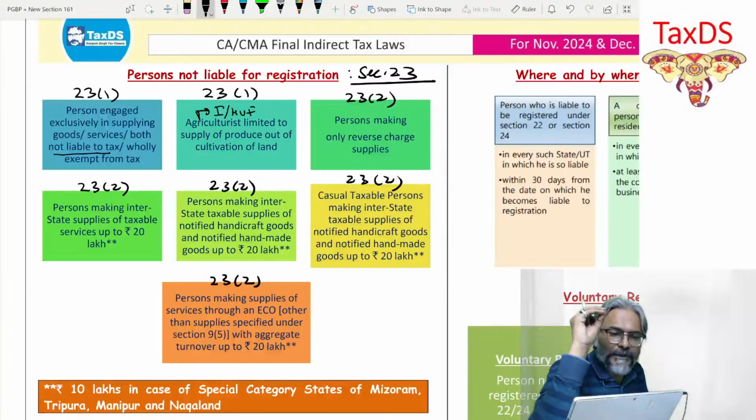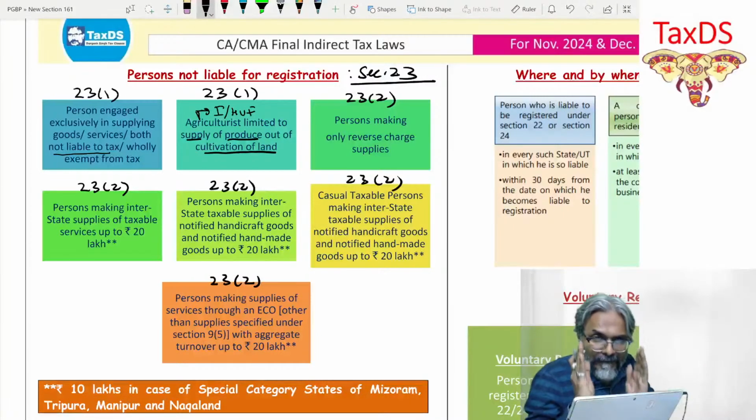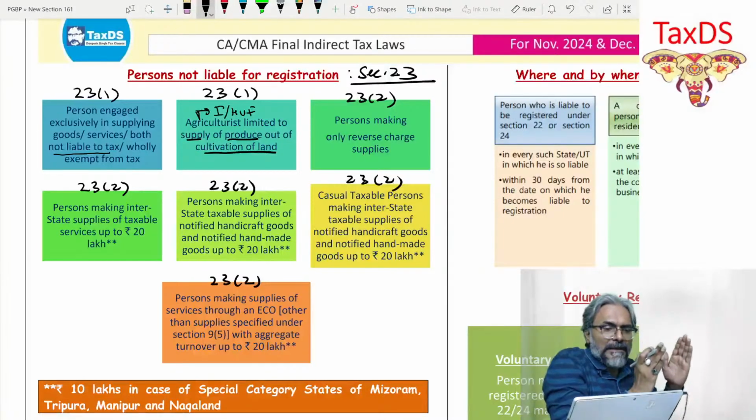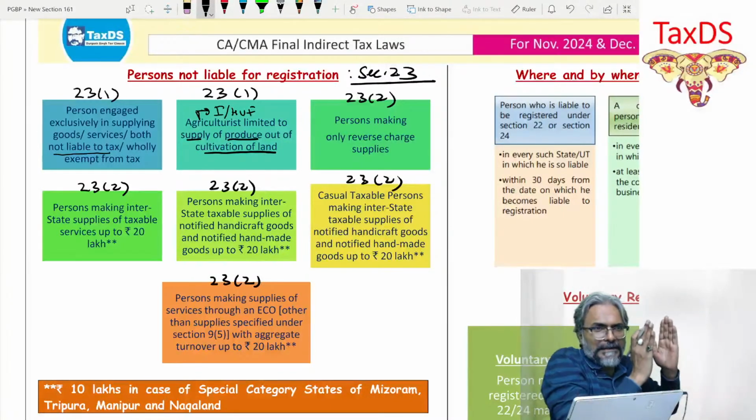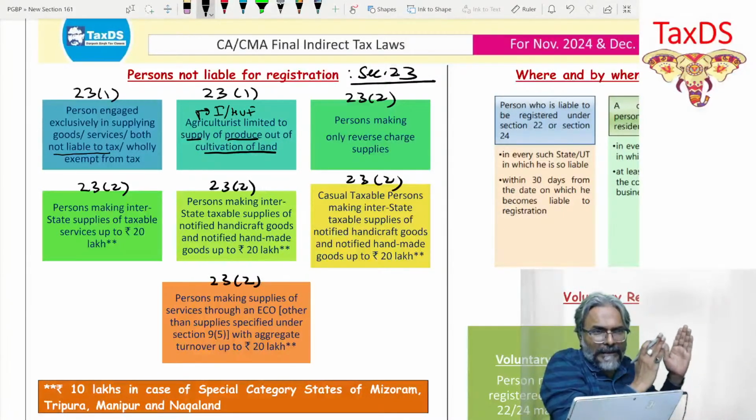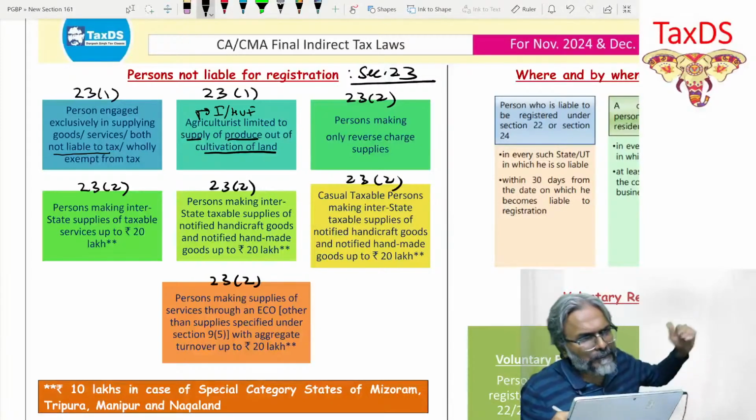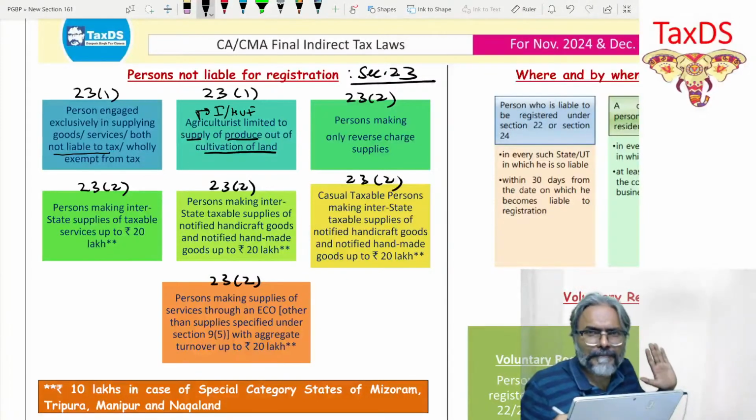Agriculturist who is an individual or HUF, and limited to the exemptions. This is limited to what? Supply of the produce that he has derived out of the cultivation of land. So he has done the cultivation of land, and whatever produce he has derived from that cultivation, he is doing the supply of that produce.